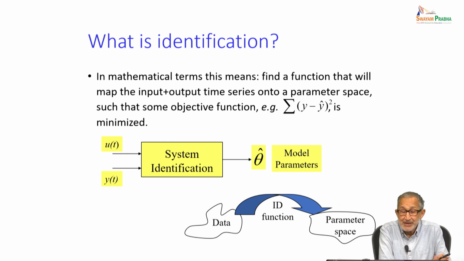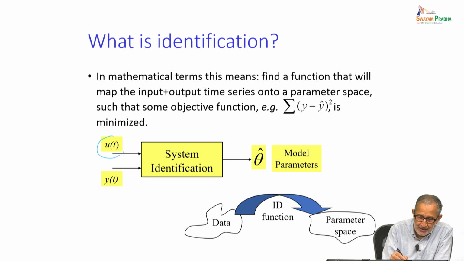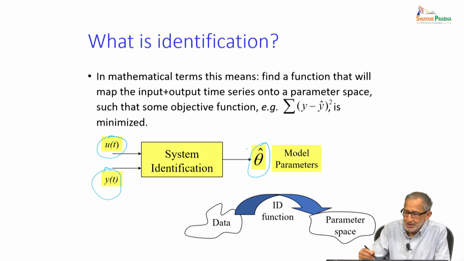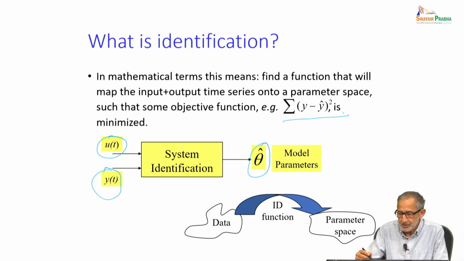The basic idea in identification is the following. Given the input data sequence and the output data sequence, can we generate some parameters such that the sum of the squares of the errors between the measured output and the predicted output is minimized? So we are saying the sum of the squares of the error is as small as possible.